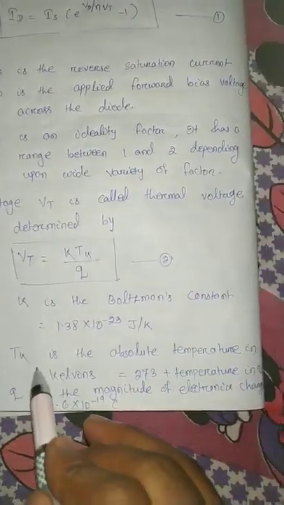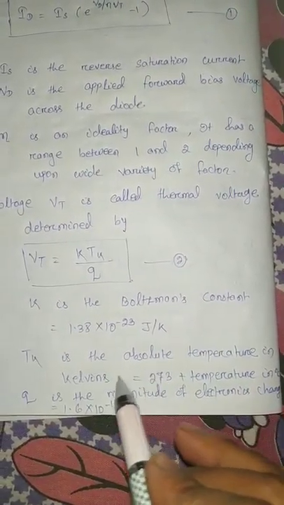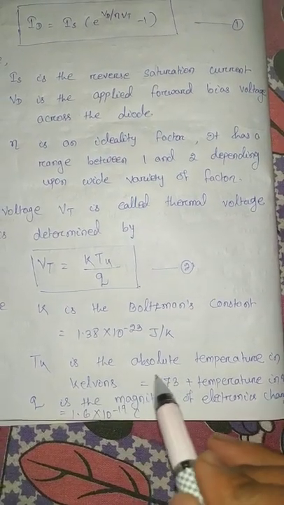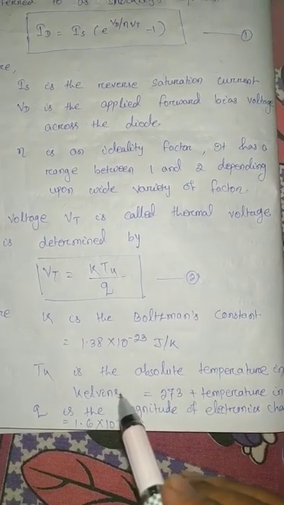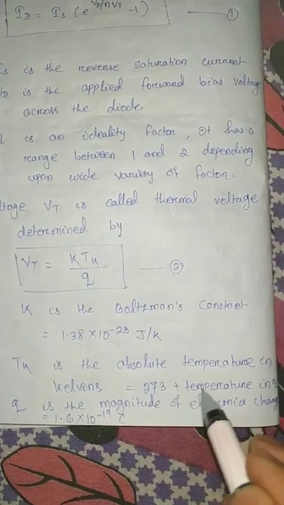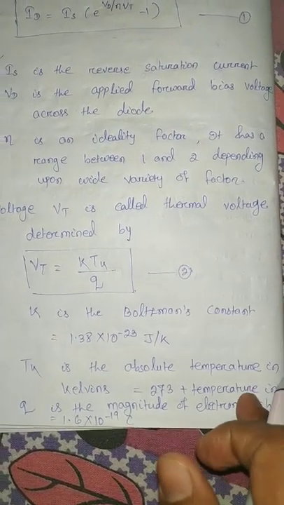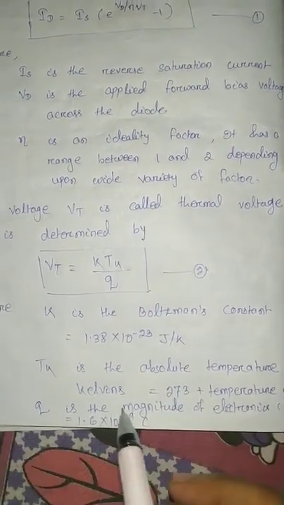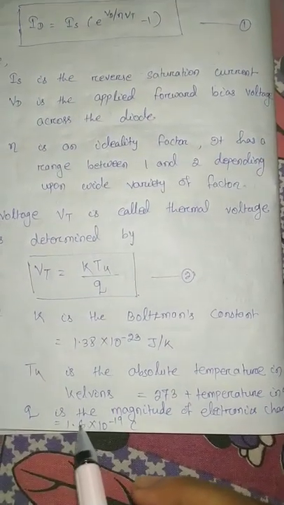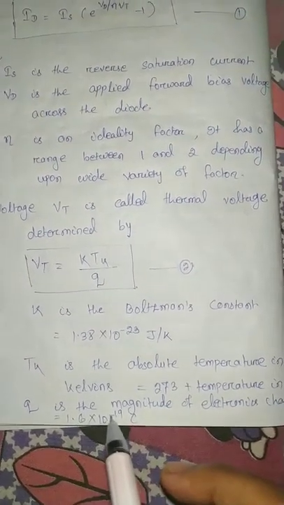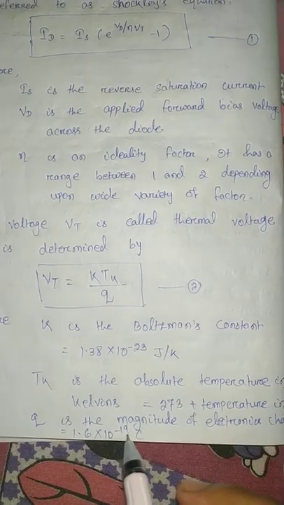T is the absolute temperature in Kelvin, that is 273 plus temperature in degree Celsius. Q is the magnitude of electronic charge. Its value is 1.6 into 10 to the power minus 19 coulomb.